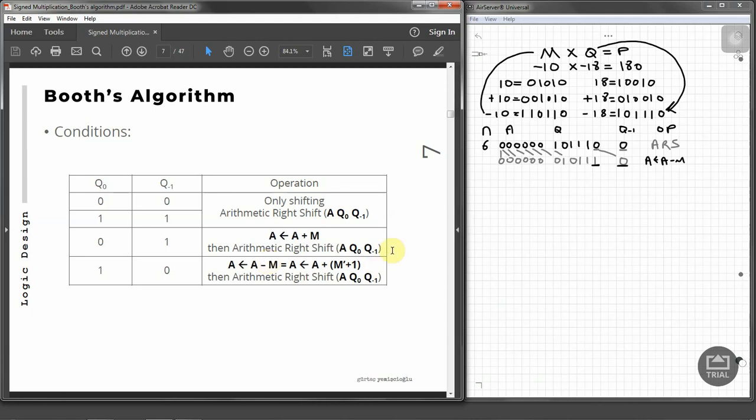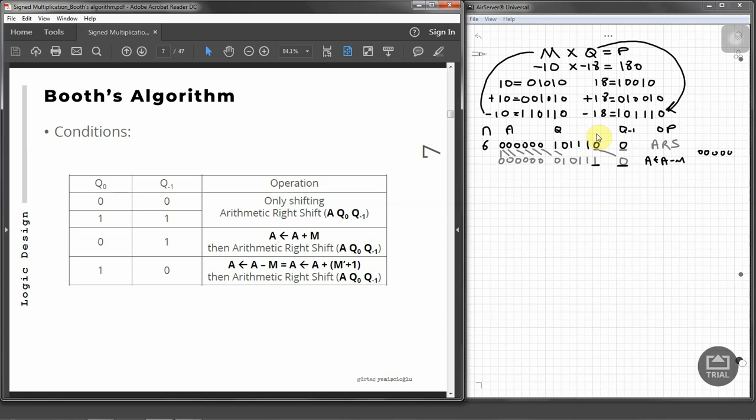Our A is 0 0 0 0, but we need to subtract M. Our M is minus 10, so minus minus 10 is going to be plus. That means we have to add 0 0 0 0 plus 0 0 1 0 1 0. So we can write it over here: 0 0 0 0 0.